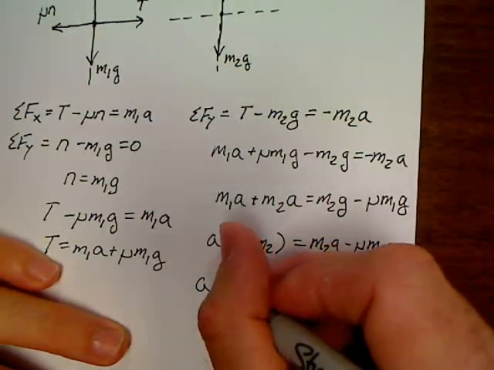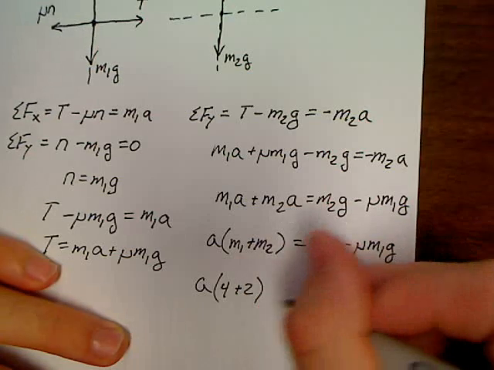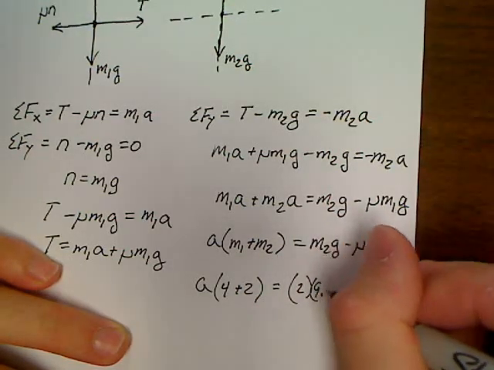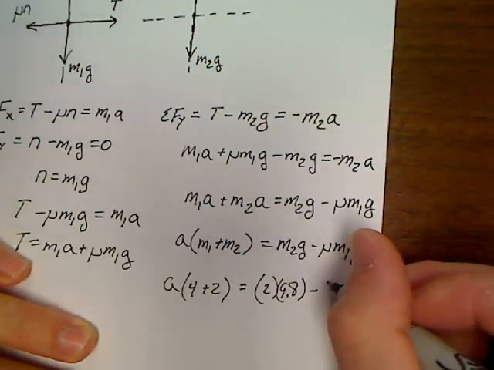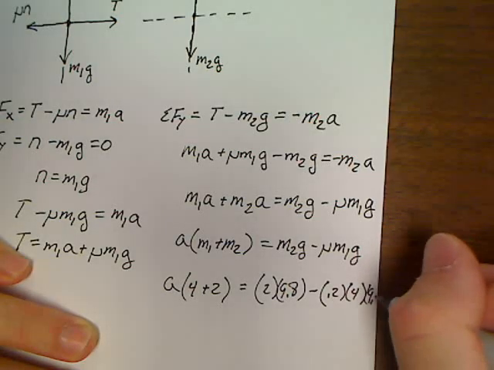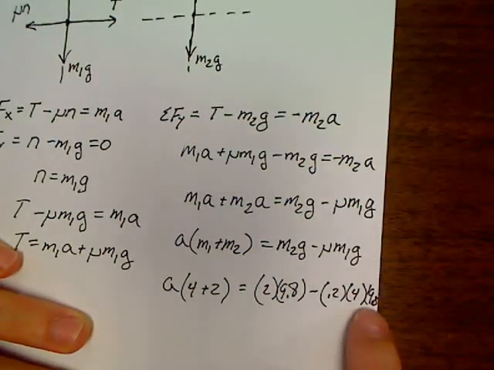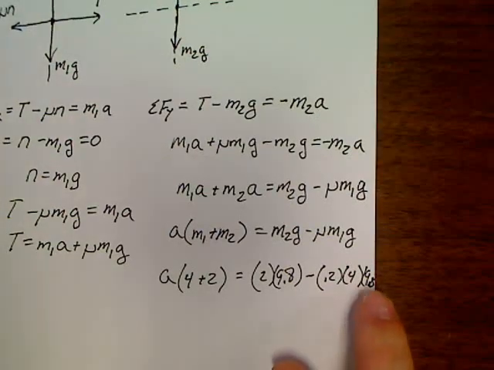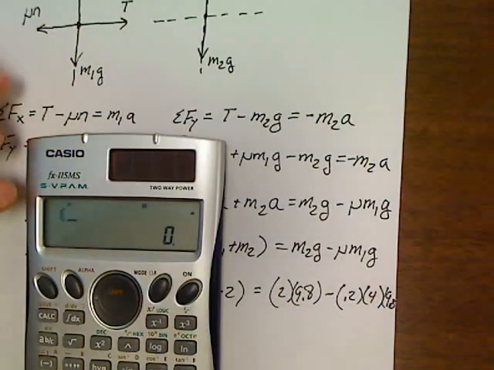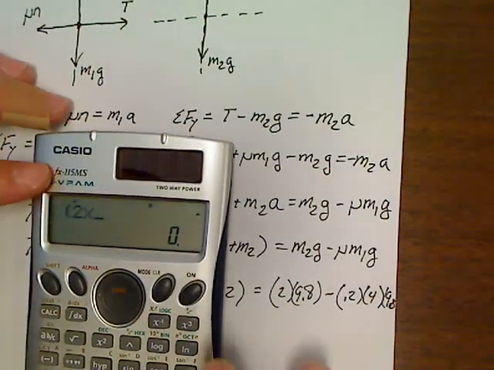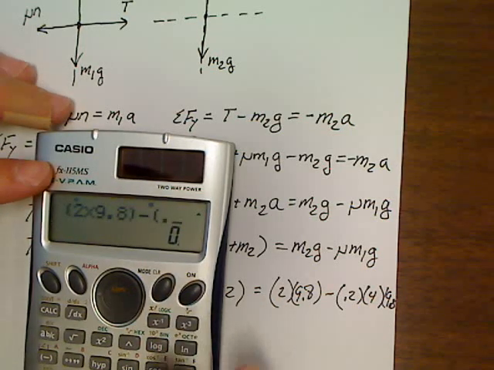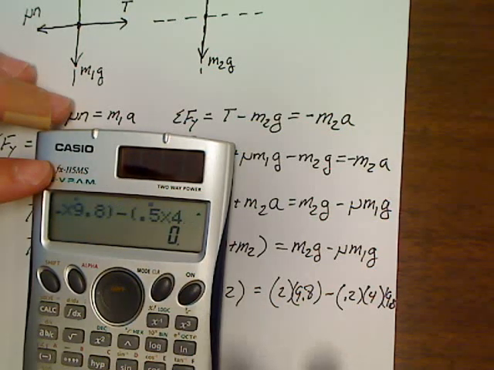A times what we have, 4 plus 2, equals 2 times 9.8 minus 0.2 times 4 times 9.8. Sorry, my writing's getting really bad right here. But anyway, let's see if we can plug all this in. So we've got 2 times 9.8, which is 19.6, minus 0.2 times 4.